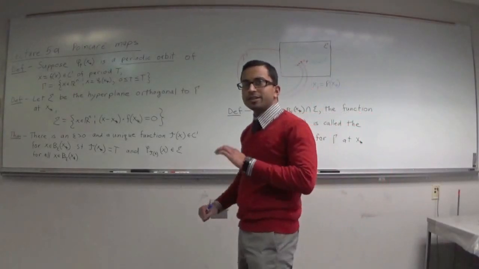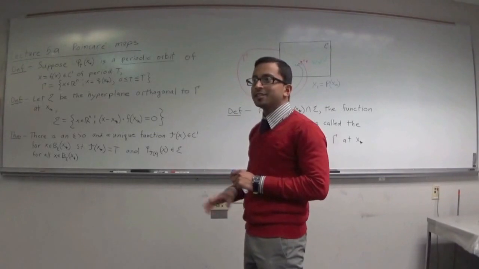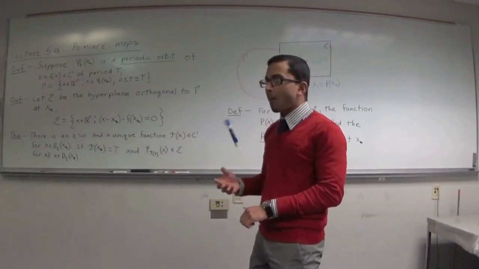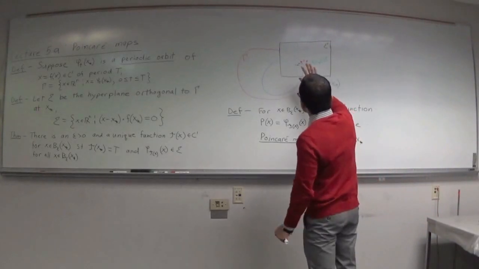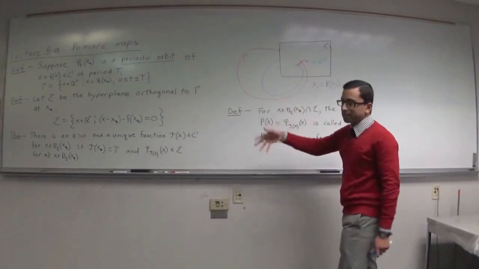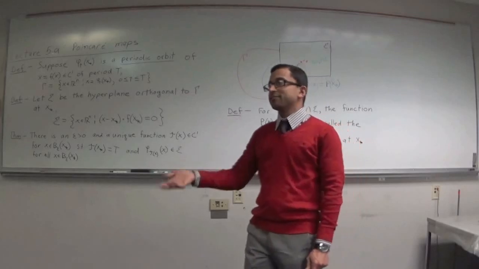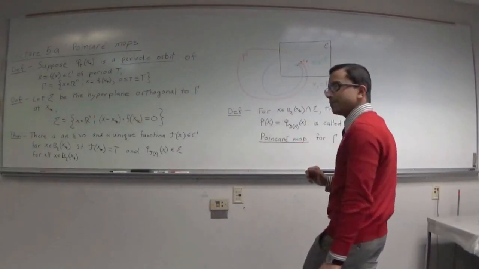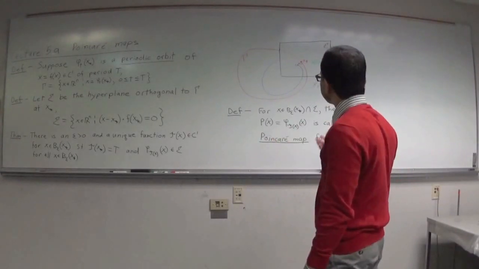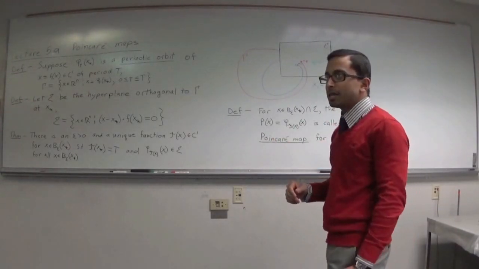So any questions about that so far? Yep. What's the purpose of this map? That's a good question. So dealing with the stability of periodic orbits is difficult, right? So we don't quite know how to deal with it. There isn't a very easy way to deal with that sometimes.